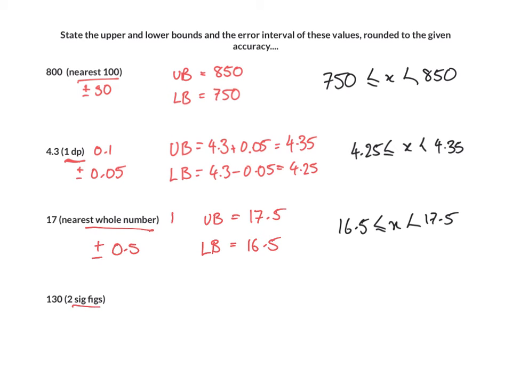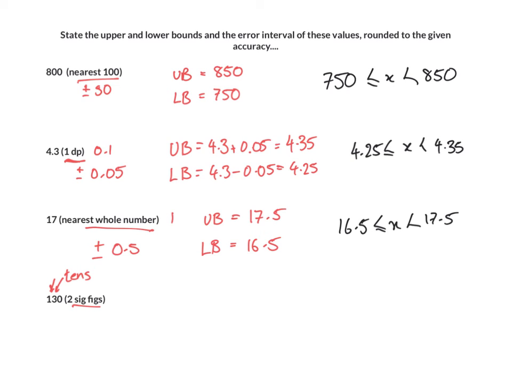We're measuring to 2 significant figures, which is slightly different now. When I look at this, 1 is my first significant figure. The 3 is my second significant figure. Now that's in the tens column. Units, tens, hundreds.